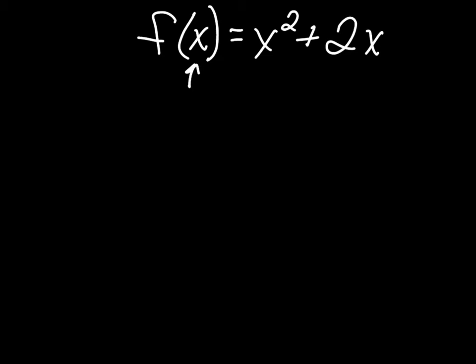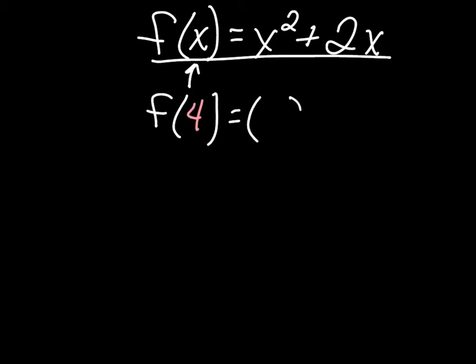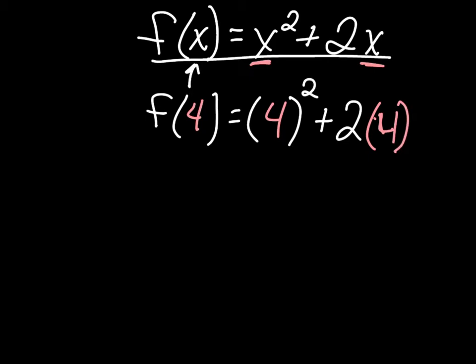So if I tell you that this is your function, and I want you to find f of 4, you need to be able to plug this in. All I'm doing is whenever there was an x, I'm changing it to 4. Oops, I forgot my squared sign up there. Okay, so that's the only thing that's going to be different.